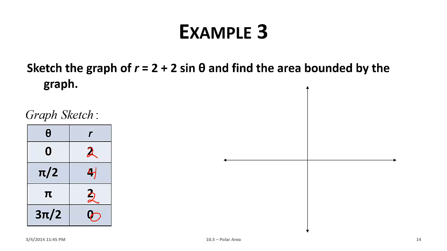When you graph this out, make sure you start at 0 here. That's your 0, 0. Your radius is going to be your x-axis, so that's 2. At pi over 2, it's halfway in between. We go up 4 spots. And at pi, we go back to 2. And at 3 pi over 2, we're at 0.